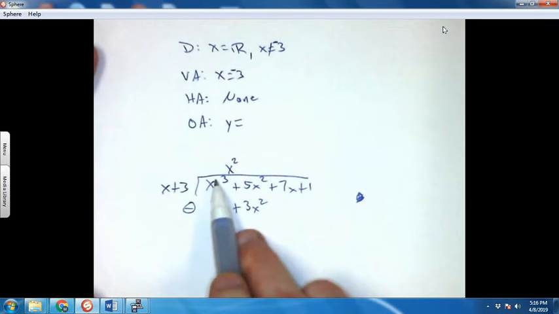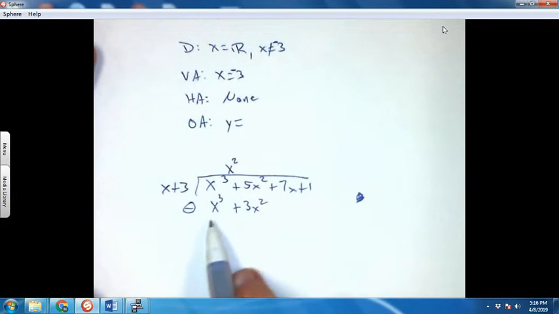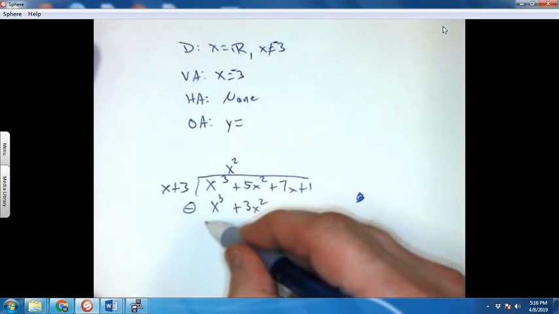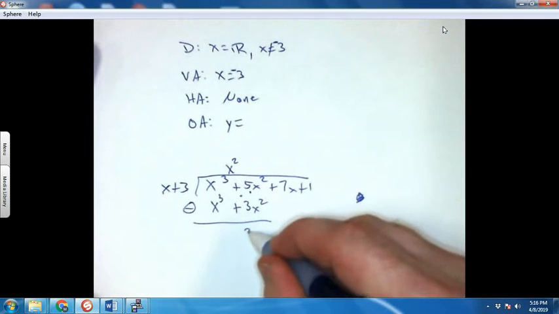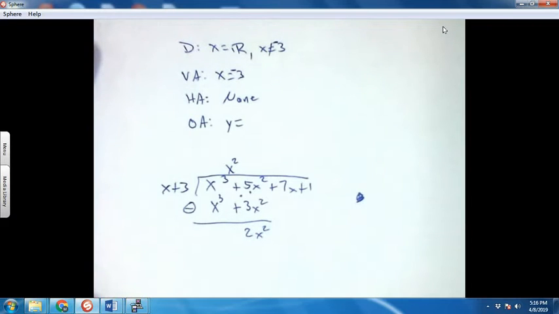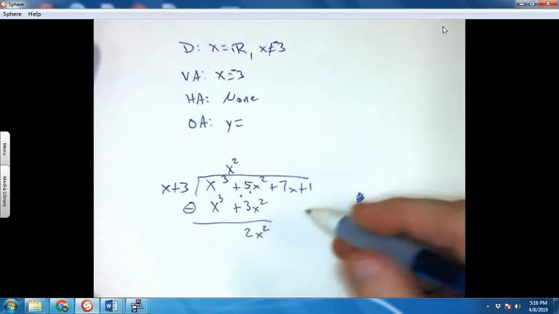So x cubed minus x cubed cancels. That's what we need to have happen. The very first thing must cancel. 5 minus 3, positive 5 minus positive 3, is positive 2x squared. Now I'm going to bring down the next term.